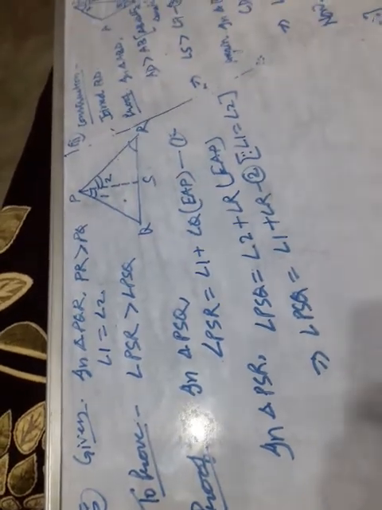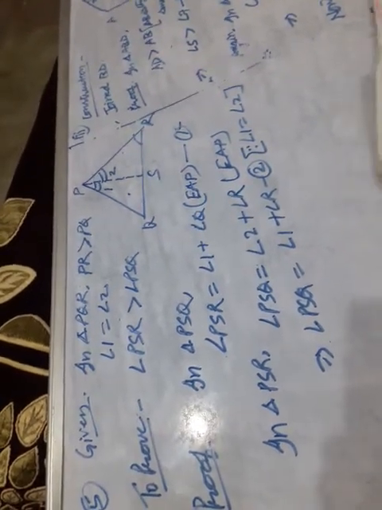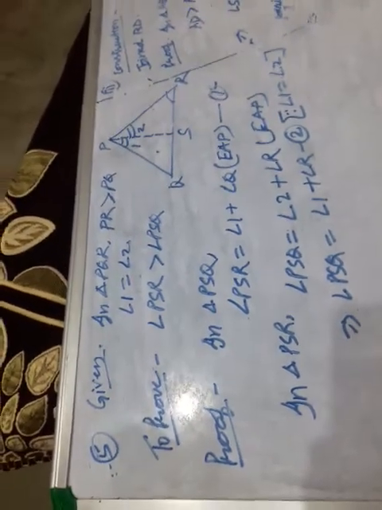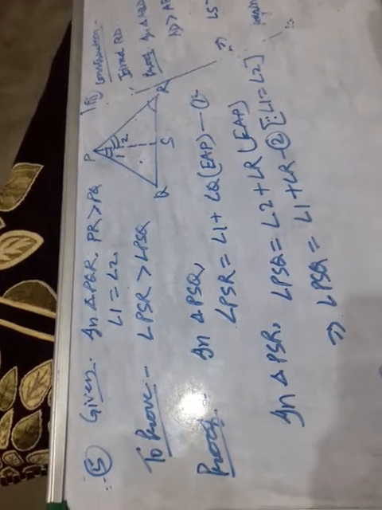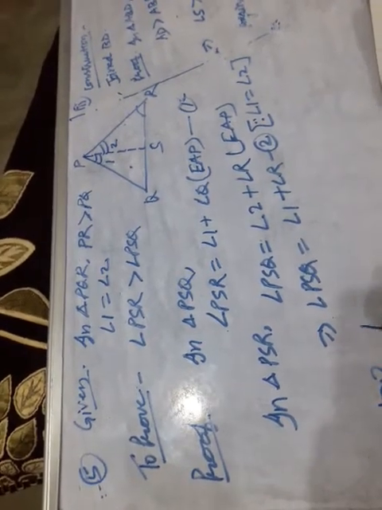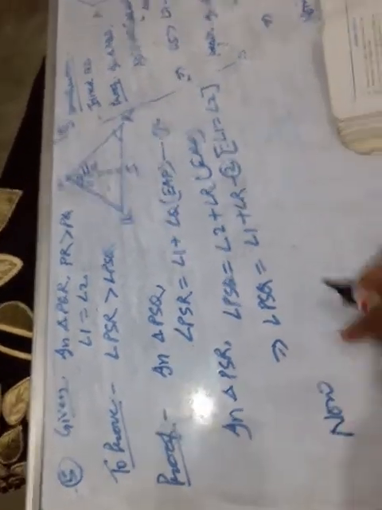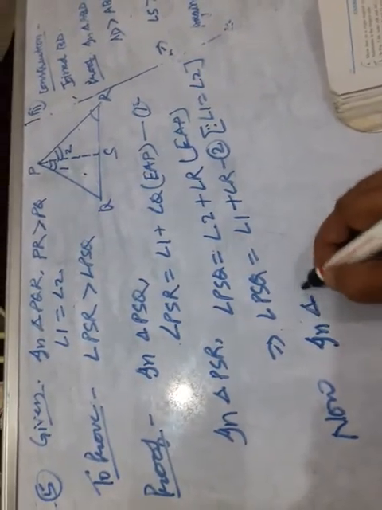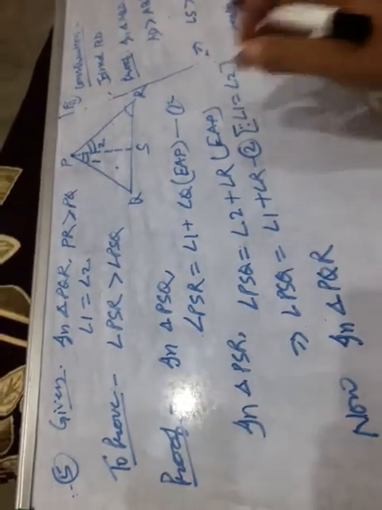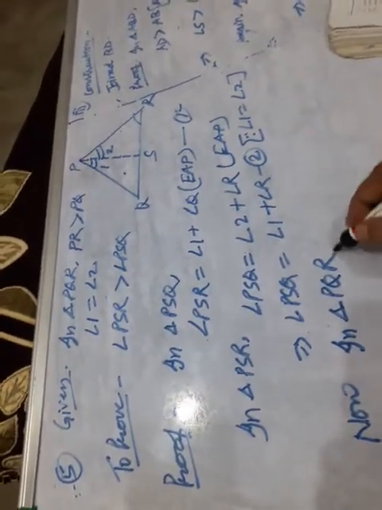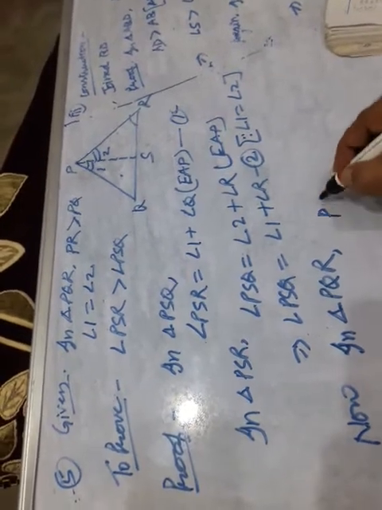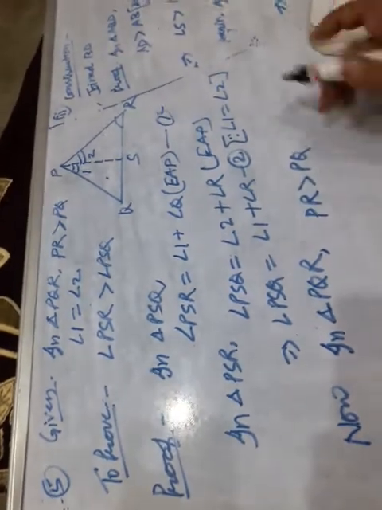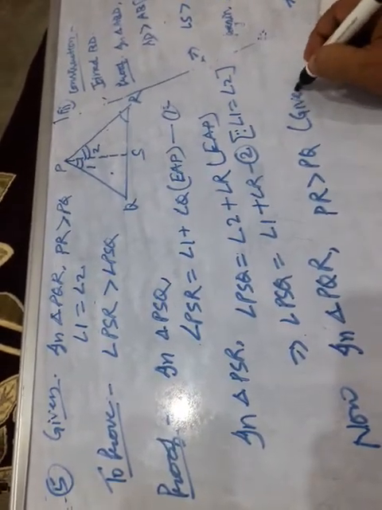Okay, now what will you do children? What we have to prove is that PR is greater than PQ. Now in triangle PQR, that is the bigger triangle, clear? What is given in the bigger triangle? PR is greater than PQ, that is given.